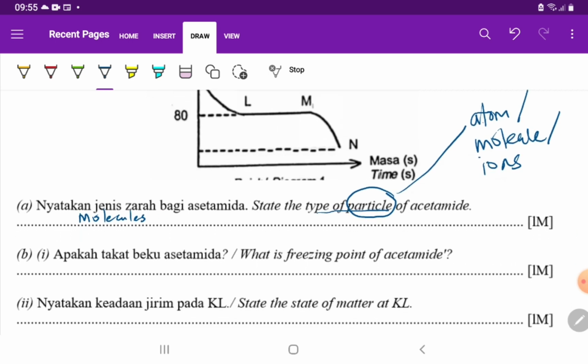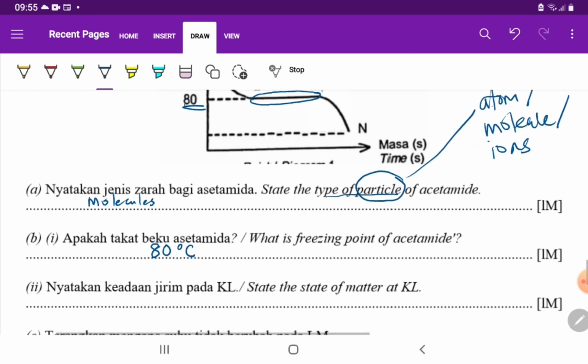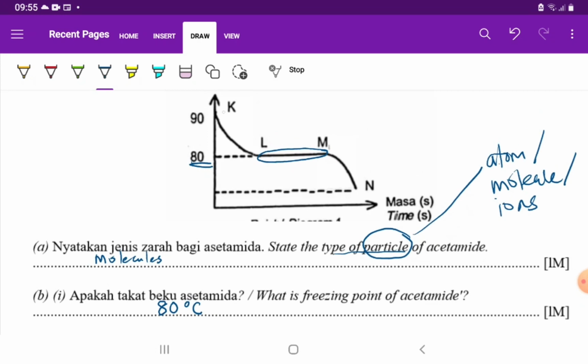What is the freezing point? You can see when the temperature remains constant here, so you know this is the freezing point. You must give the value, 80 degrees Celsius. Now what is the physical state of matter at KL? K to L, from here to here, is the cooling.